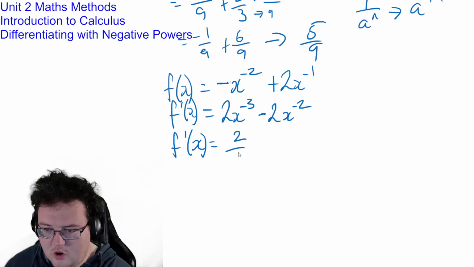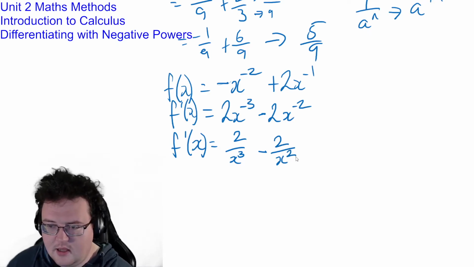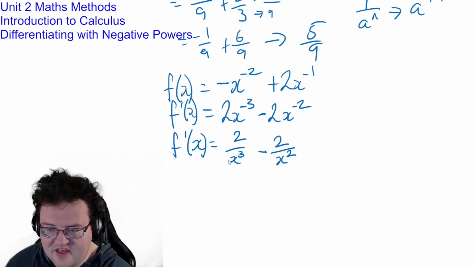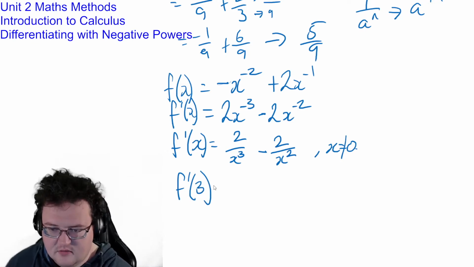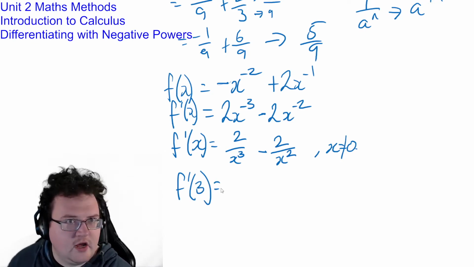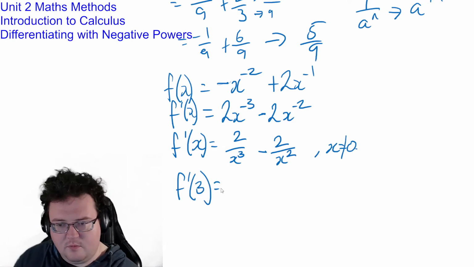So that's going to be 2 over x cubed minus 2 over x squared. Now that I have this here, again, x can't be 0, we can now find f dash 3. Okay, if we've got f dash 3, then we can keep going.